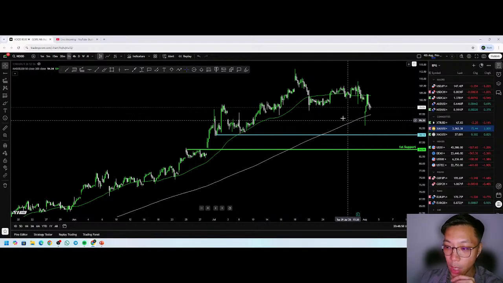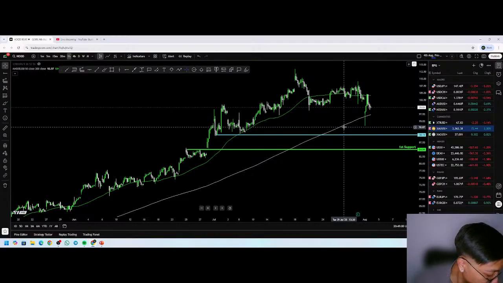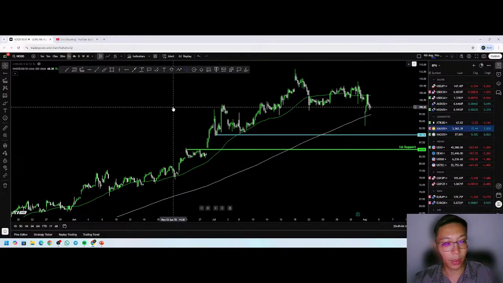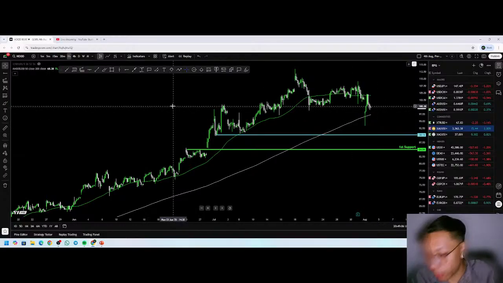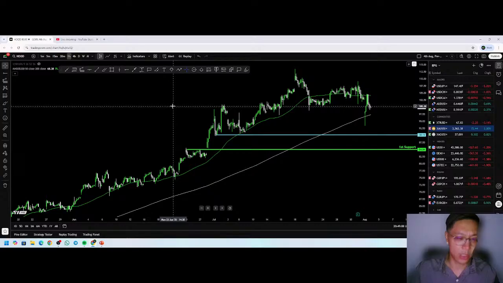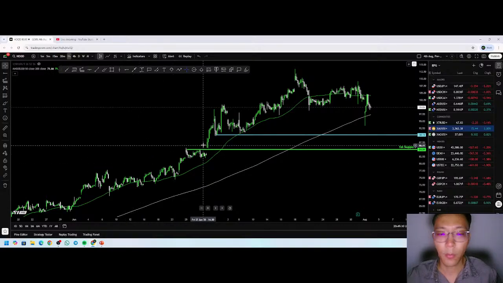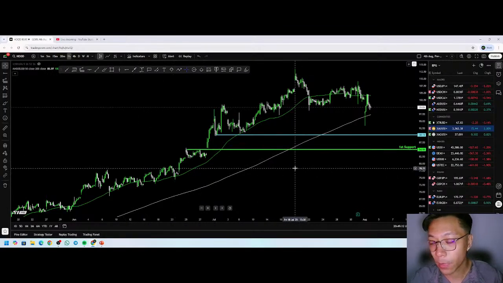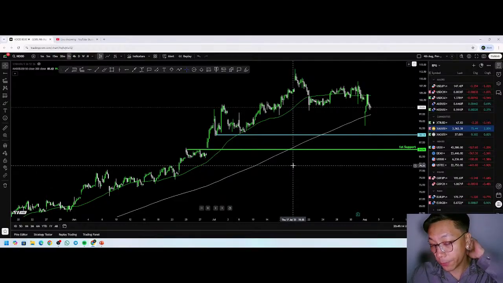Okay, so statistically speaking, Robinhood, not only Robinhood, but stocks in general do perform badly in August and September.